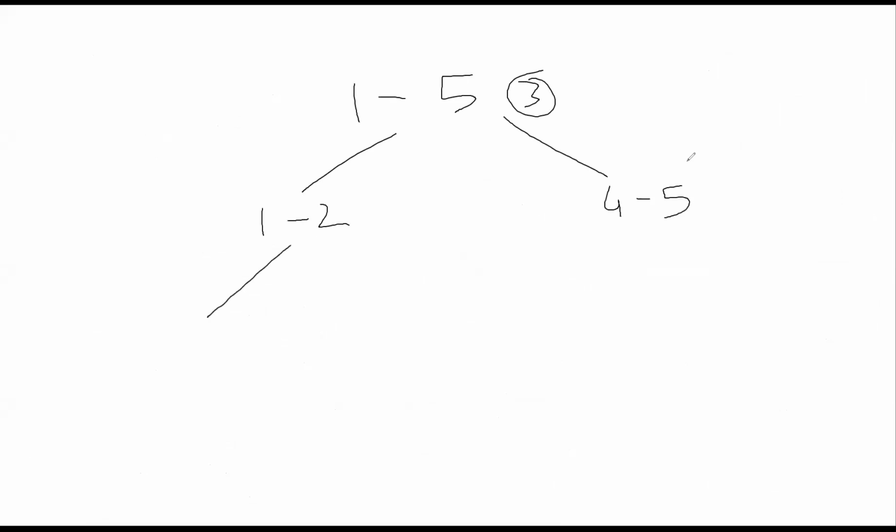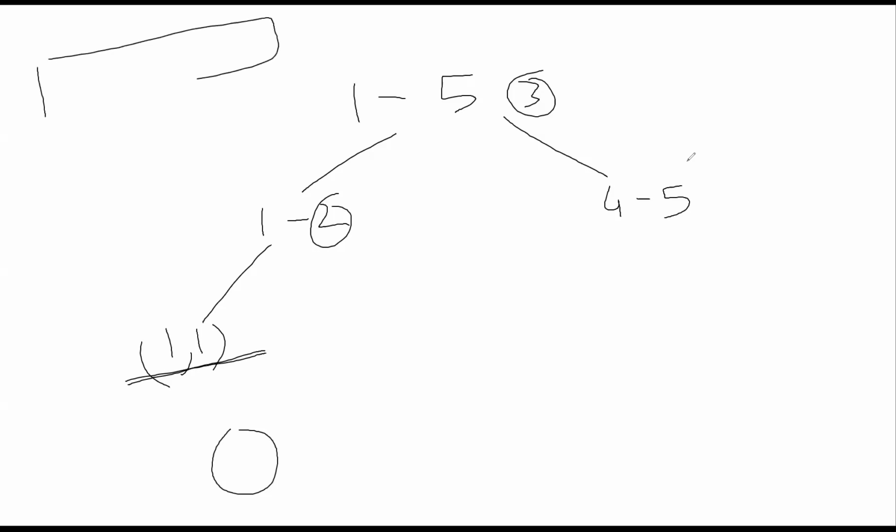Now if we split this one, divide by 2, you will have 1 comma 1 here. When you reach this stage, you are at the leftmost root, and there's only one element. So at this time, use the first element from the linked list.